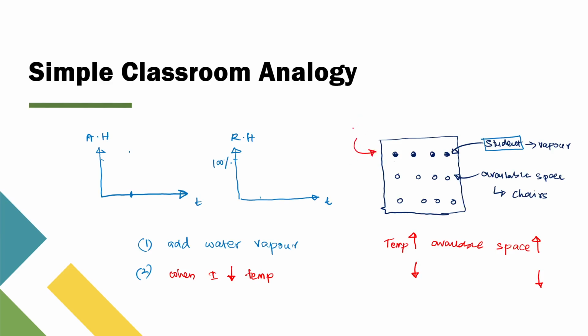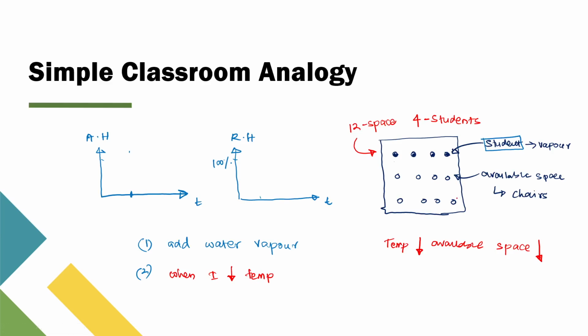We have 12 available spaces, but how many students do we have? We only have 4 of them. So if I reduce the temperature, it will reduce the available space.